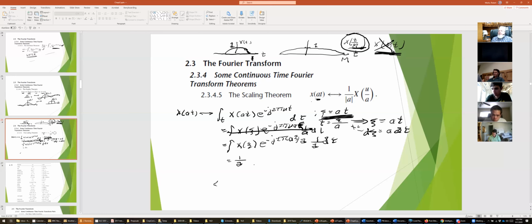So I have a 1 over A, and then what is left? What is left is exactly the Fourier transform, but instead of u, we have a u over A, right?